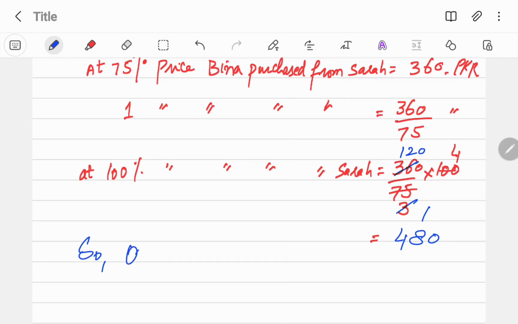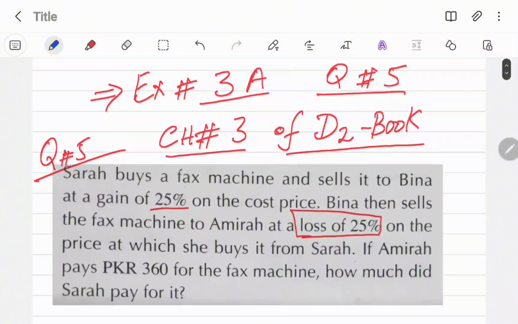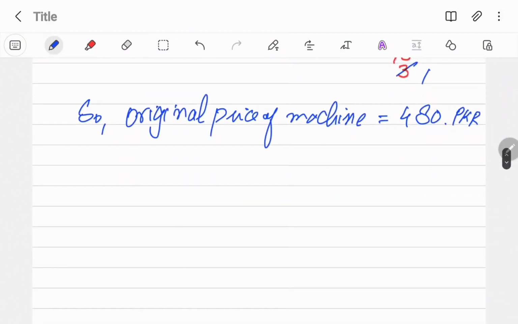So original price of machine is equal to 480 PKR. Now from the given statement, Bina gains 25% on the cost price.